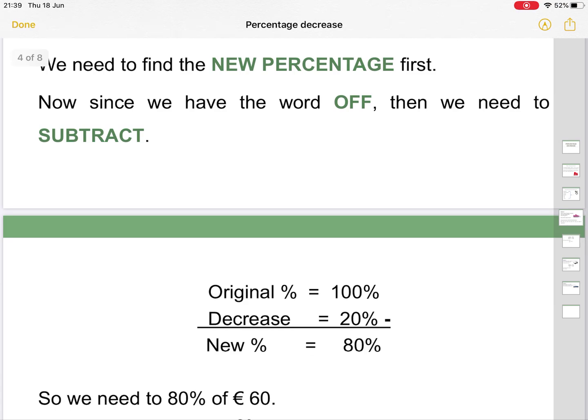Now, we always start, boys, with the original percentage, okay? The original percentage is equal to 100%. The decrease, the percentage off, is 20%. So the new percentage is 100 minus 20, it's 80%.